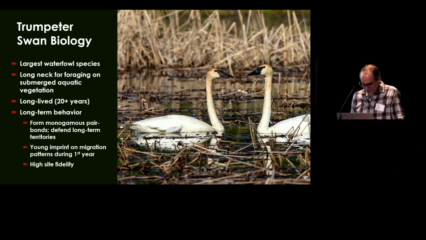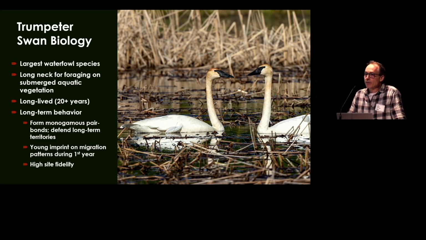Okay, so I'll be talking about some of David's work from his PhD thesis, looking at trumpeter swan movements. And so this slide's probably for me, trumpeter swan ecology. Some of you may know more about trumpeter swans than I do, but they're the largest waterfowl species in North America, and Dave and I were talking about this possibly in the world as well. They've got a long neck for foraging on submerged aquatic vegetation.